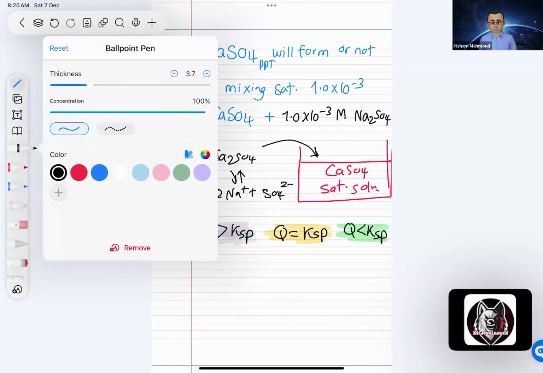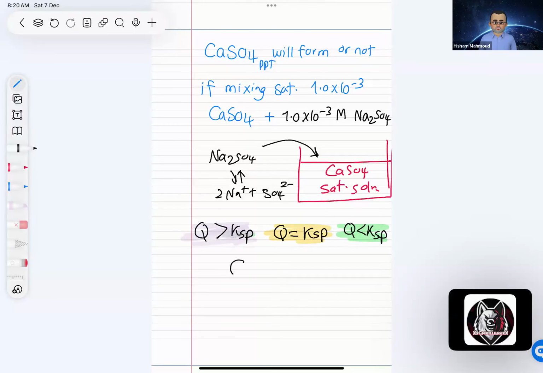So this is the equation that we are talking about. Calcium sulfate solid forms calcium ions and sulfate ions. Where do I get the calcium ions and the sulfate ions from? I get them from the two solutions that I have.